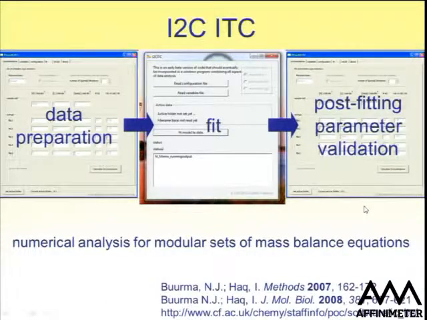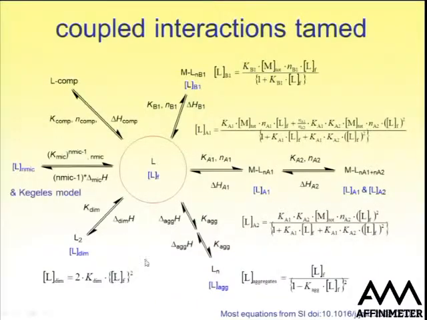So just very briefly, this is the software that we've written to do this. It involves a data preparation package, a fit package, and then post-fitting parameter validation. It allows you to do numerical analysis for modular sets of mass balance equations. What this means is that any kind of forest of interactions, as you see here, we should now be able to tame.